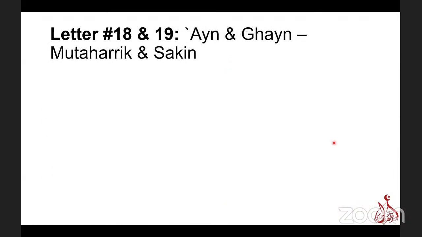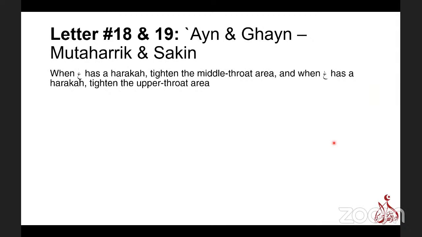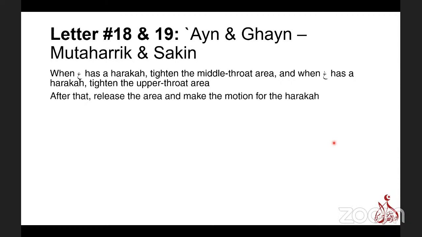Now let's quickly go through the mutaharrik and sakin examples for both. When ayn has a haraka, the middle throat is tightened, and when ghayn has a haraka, the upper area of the throat is tightened. After they're tightened, you release that area and make the motion for whatever haraka you need. For example, for ayn, you have adabun, uqiba, and iqabin.